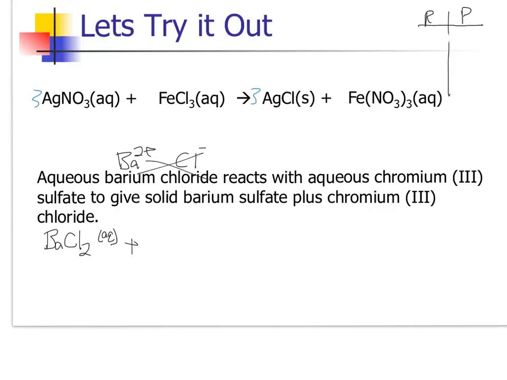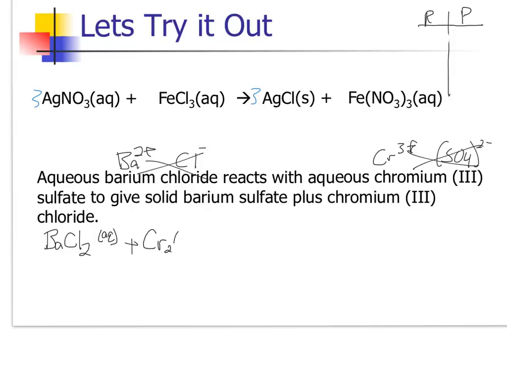Ooh, that 3, that probably means that I have Cr3. Well, my anion is sulfate. That's SO4. Do those charges match up? They don't. Therefore, I need to do my crisscross method before I even write it out as Cr subscript 2.